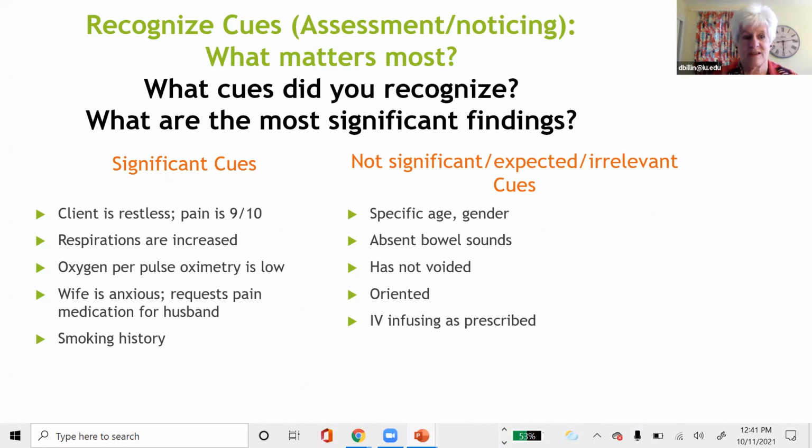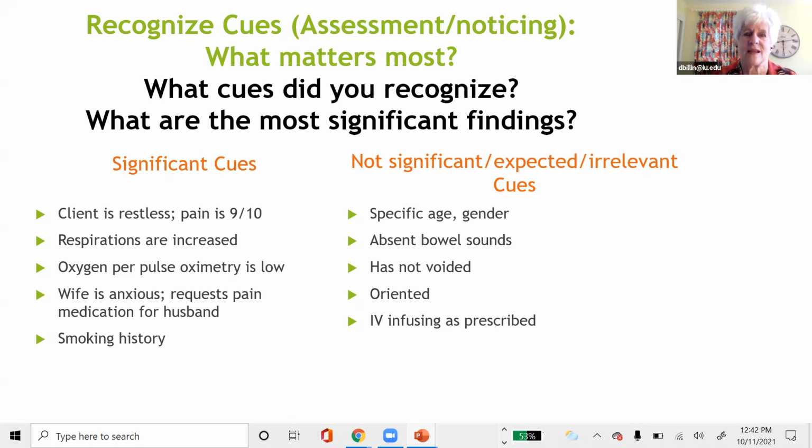The wife is anxious and she's requesting the pain medicine too. You might have pulled out the smoking history too, because that may make a difference in understanding why he needs to get out of bed, take deep breaths and use his incentive spirometer.